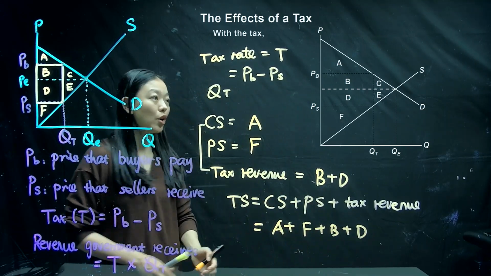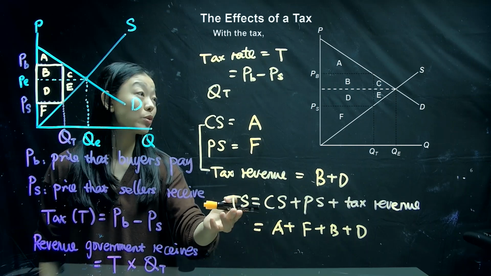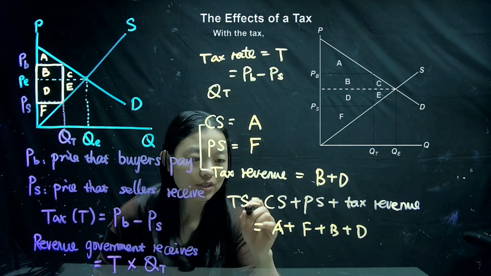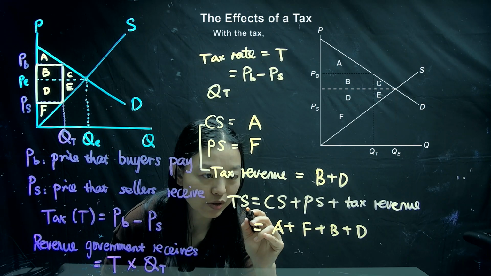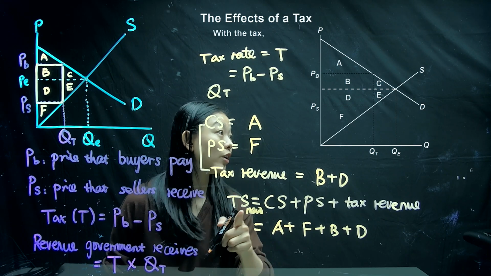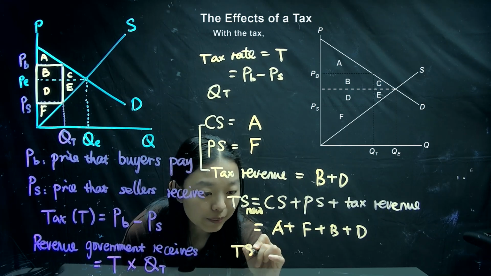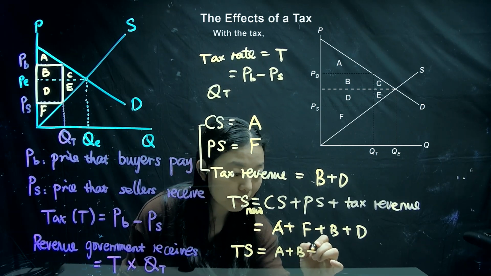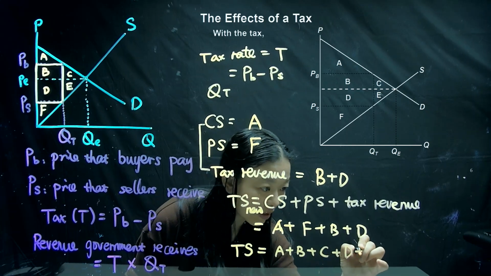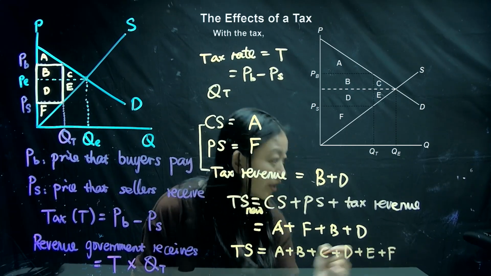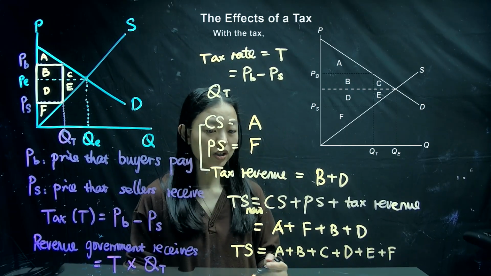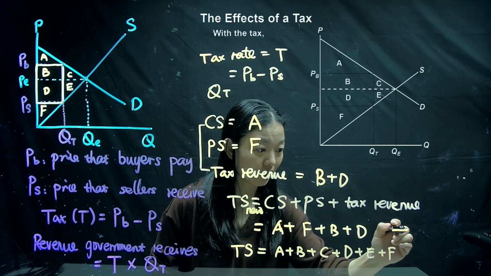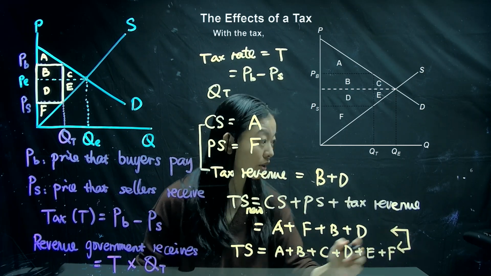Then you can notice we have the new total surplus, right? Compare with our original one. Originally, this is the total surplus. I just mark it as new, okay? Originally we computed the total surplus as A plus B plus C plus D plus E plus F. So based on this, can you tell me what the change in total surplus is?